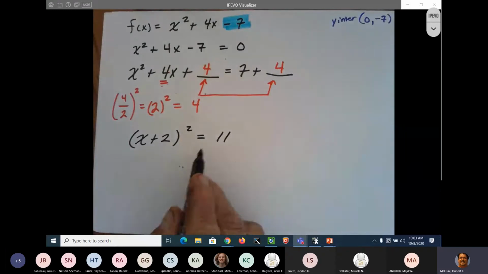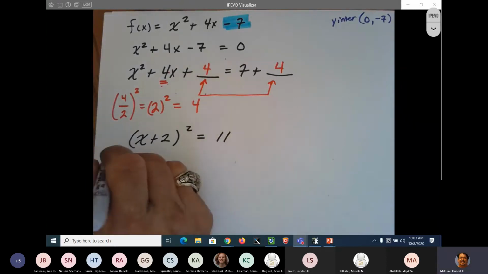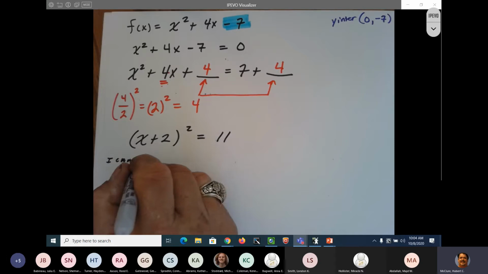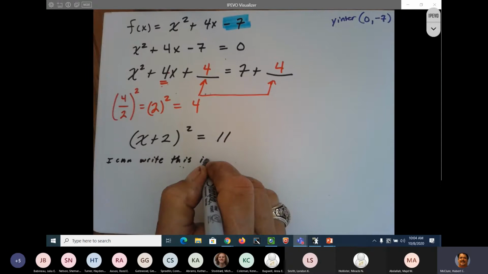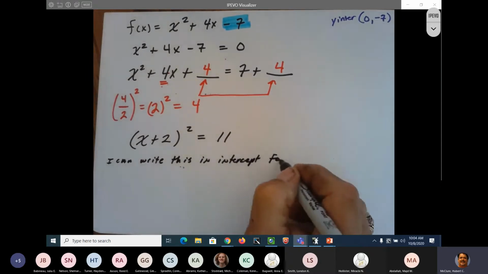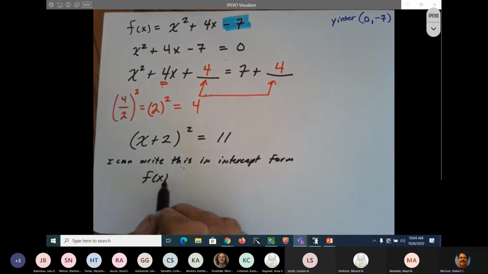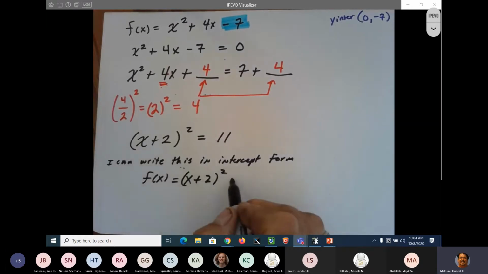Now at this point, you can write this in intercept form. So here I'm going to say I can write this in intercept form, meaning f of x is equal to x plus 2 quantity squared minus 11.